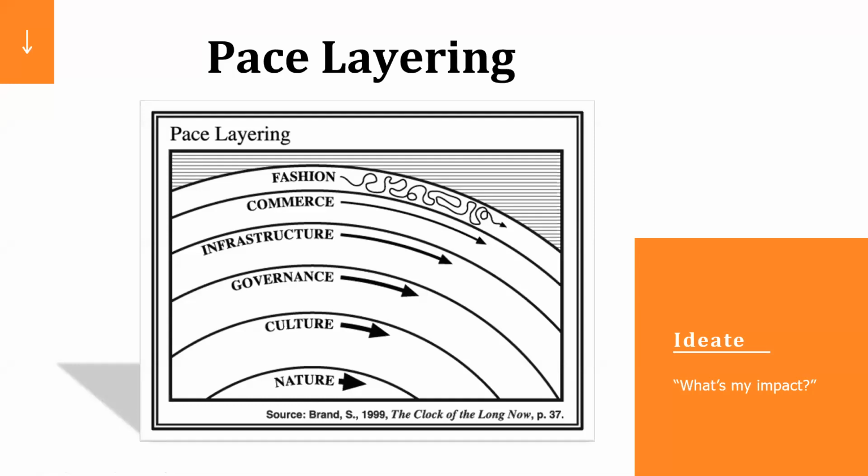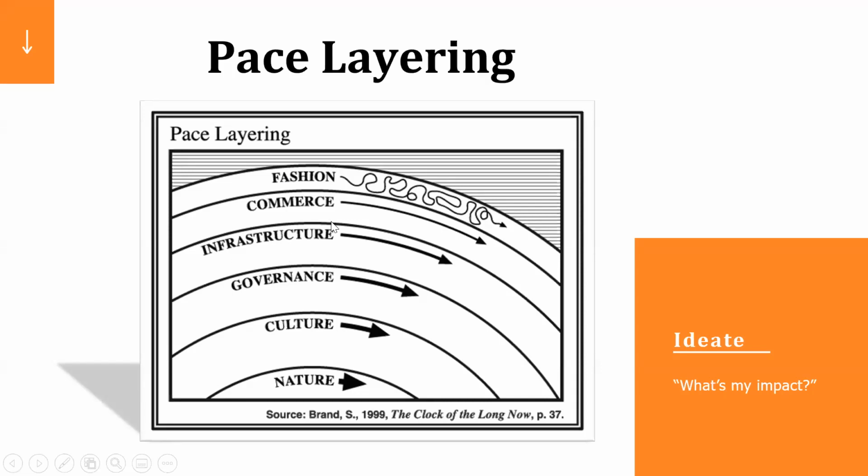So in relation to time, we also take a look at the impact, right? Fashion is the one where we see changes really fast. What are the things that we need to change in a really fast paced way? And then commerce, we're talking about impact that we can change over time, but not as fast as fashion.